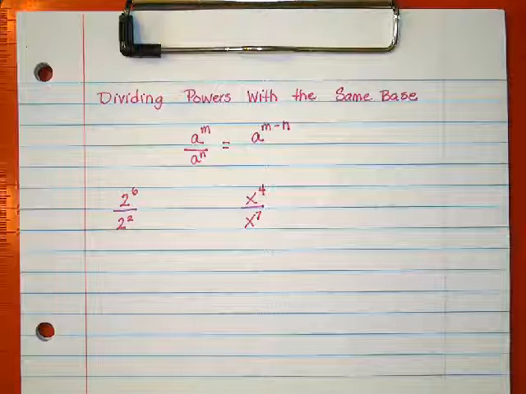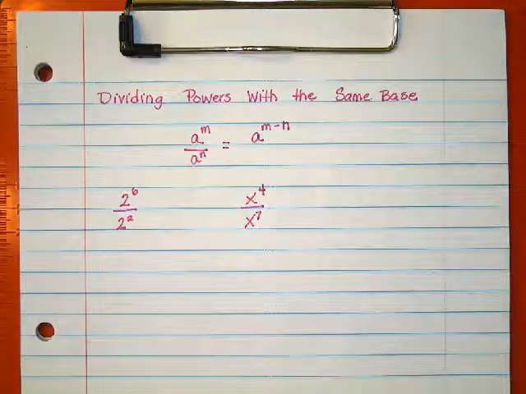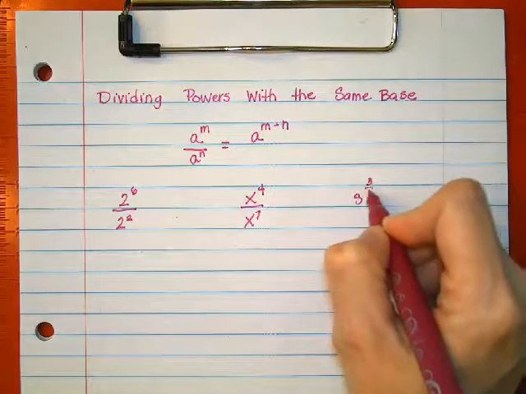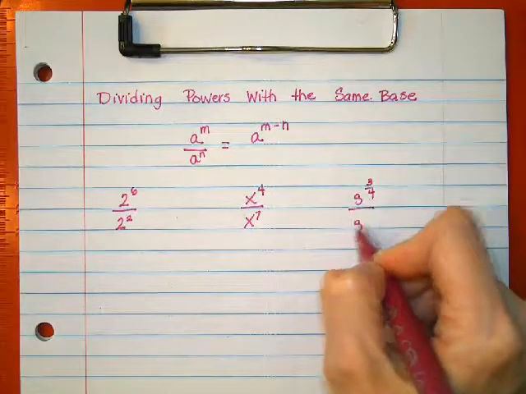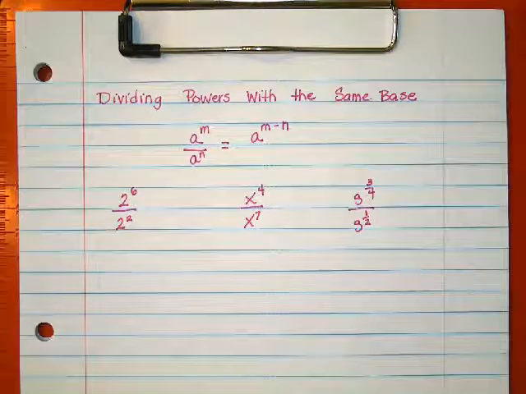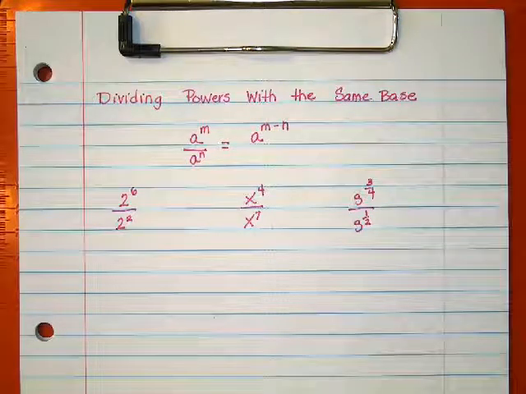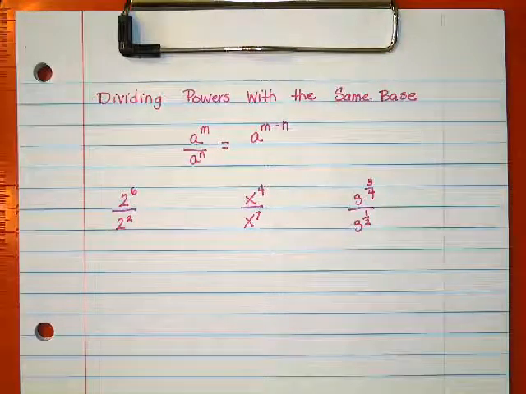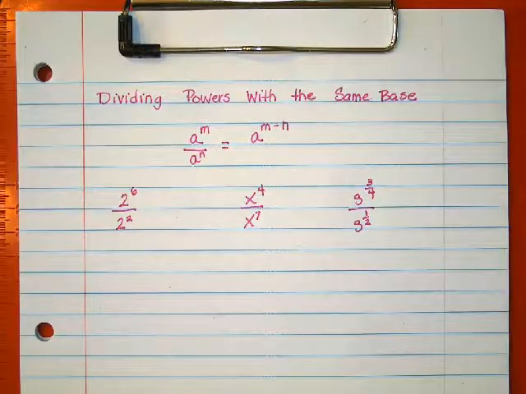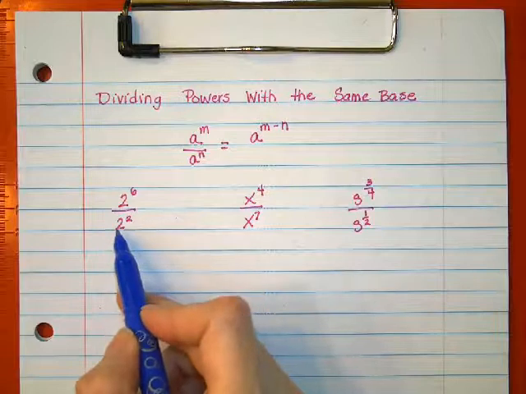And then we're going to do s to the 3/4 divided by s to the 1/2. We're going to show you 3 different situations of what you will have. And again, you can use your calculator to help you with your subtracting, especially if you're not comfortable with the fractions.